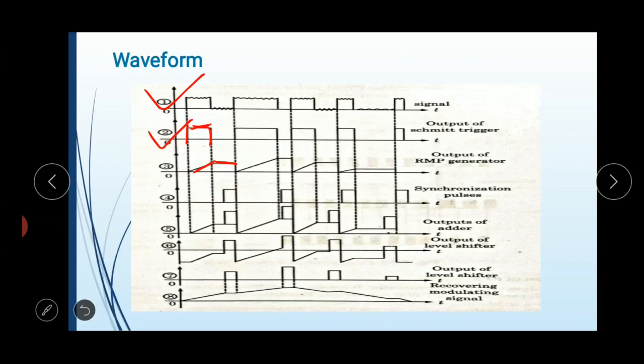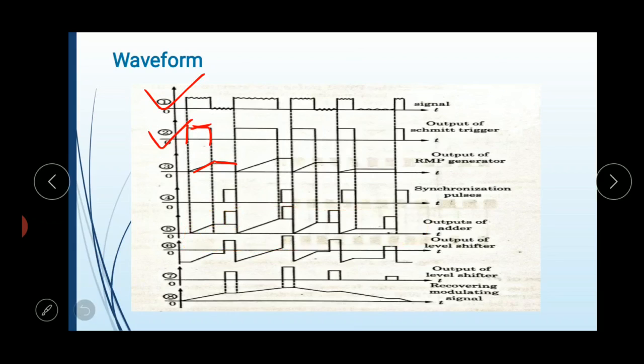the adder circuit. So here you can see the adder circuit simply adds the ramp output with the synchronization pulse, means this one is the ramp output, and above that ramp output the synchronization pulses are added.